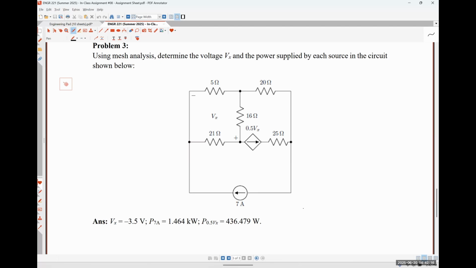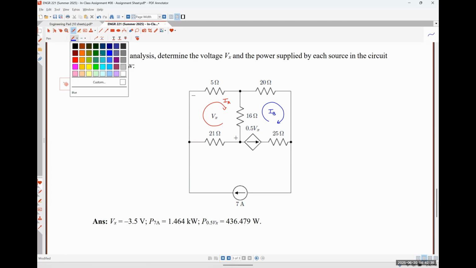Okay. So I hope it's obvious to you guys, but we have 3 meshes that we're going to deal with here. So this is going to be mesh current A. I'm going to call this guy over here to the top right mesh current B. And down here in the middle, we're going to have mesh current C. Okay.